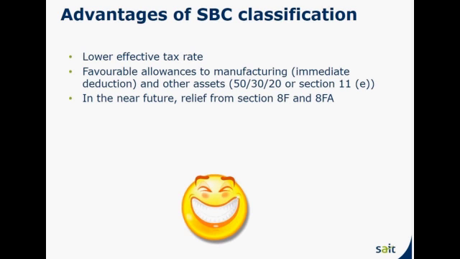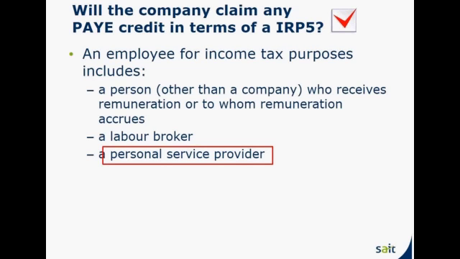First, there must be an employee, there must be an employer, and that employer must be paying remuneration to the employee. Now, the definition of an employee, these are just a few of the elements of that definition: a person other than a company who receives remuneration, so clearly that's not the one that the ITR14 form is aimed at.